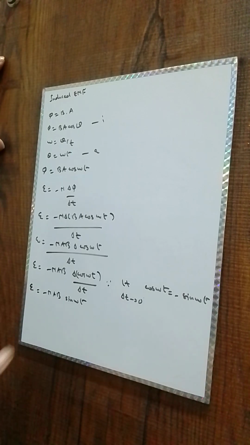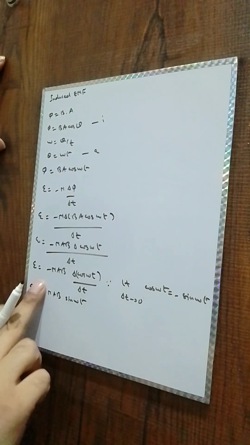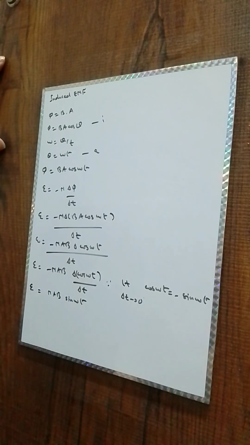So we use this substitution, so E is equal to minus N A B times minus sine omega t. Minus minus gives us plus, so this sign gets removed. So we have E is equal to N A B sine omega t.